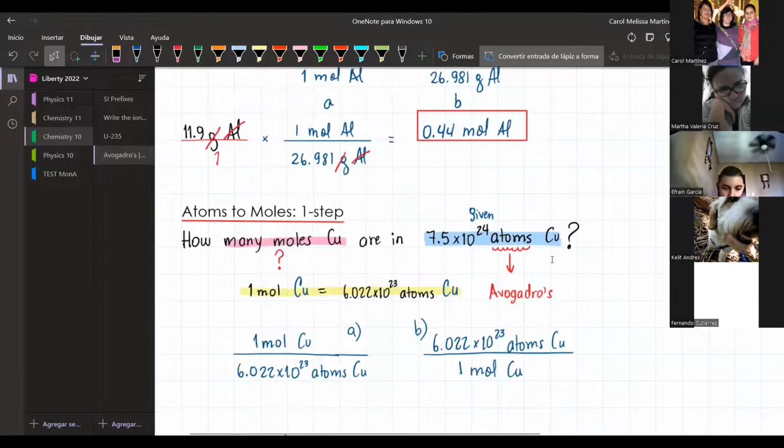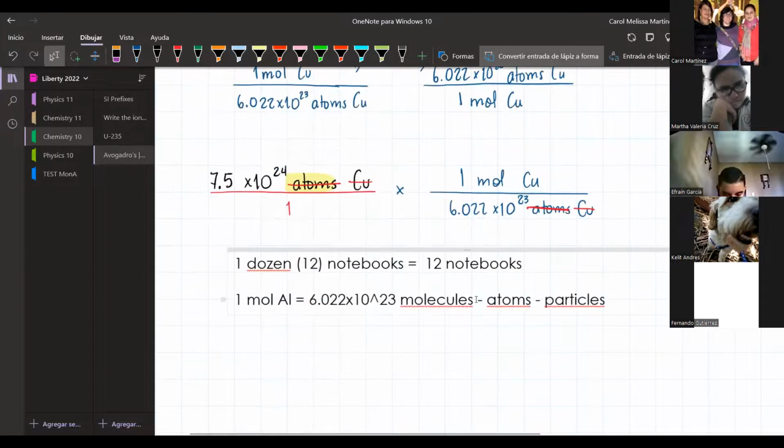So whenever you see the word atoms, it represents this number, just like when you read the word dozen, it represents the number 12.